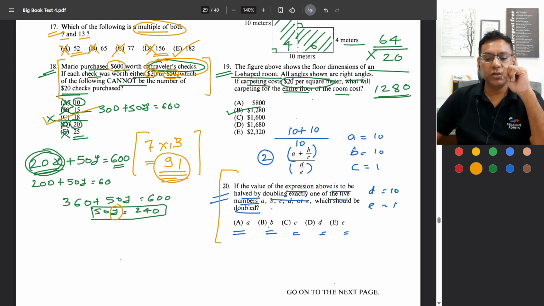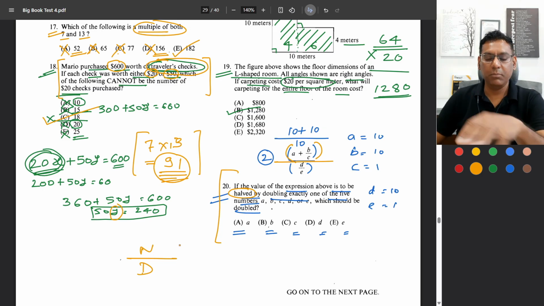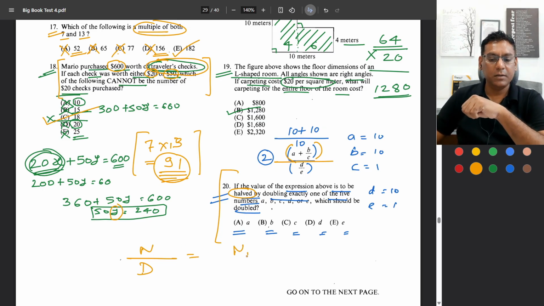But if you want to do it logically, what do I have to do? I have to double, and only one quantity. Sorry, I don't have to double, I have to halve. So let's say n by d is the original number, and I want to get some new number, let's say n1 by d1, but that has to be half of this, correct?